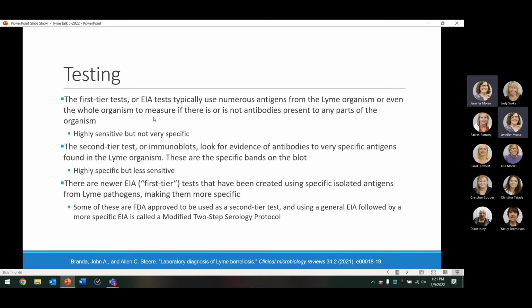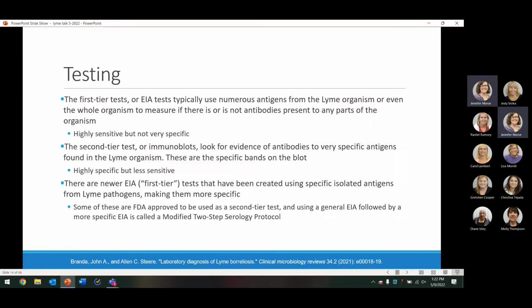So just to describe how these tests work a little bit more, those first tier tests, or those enzyme immunoassays, typically take the whole Lyme organism or numerous different antigens from the Lyme organism to just see, does this person have antibodies to Lyme or not? So it's really sensitive, but it's not very specific.